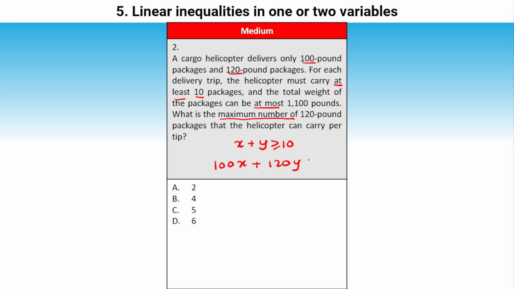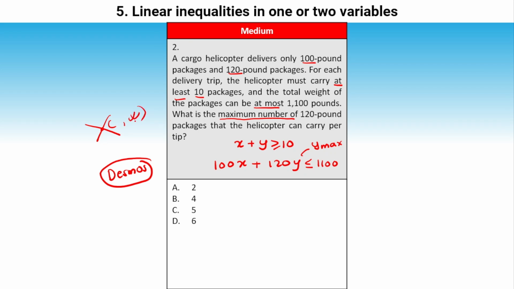That's the maximum limit, so 100x plus 120y is less than or equal to 1100. Now we have to find the maximum value of y. You can use Desmos for this very easily: plot it, find the point of intersection, and find the value of y, and that is your answer.